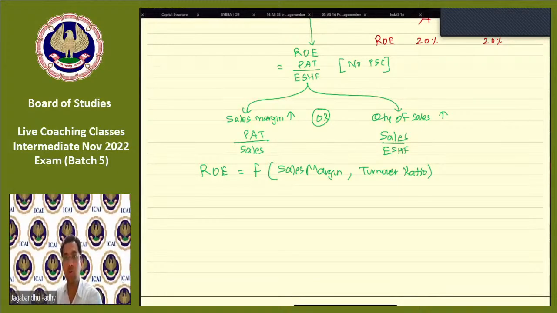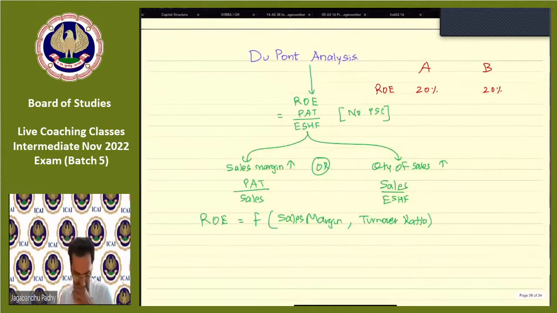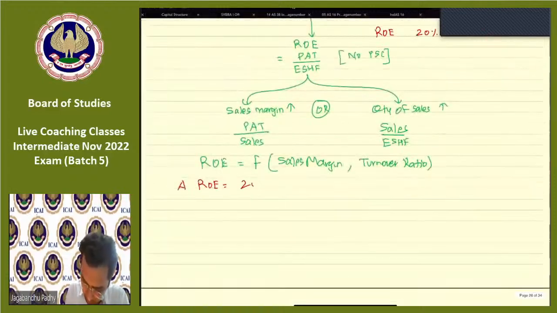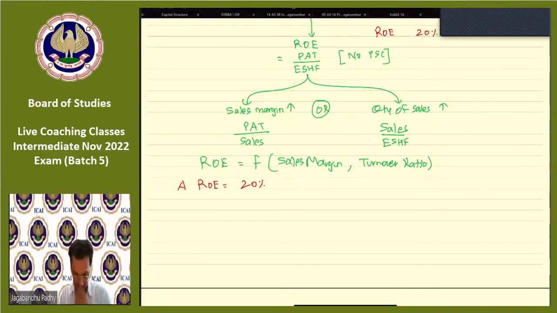Okay, so now the question arises, what is the use of this? This is used for further analysis. Let's say if I tell you for company A, the return on equity is 20%.